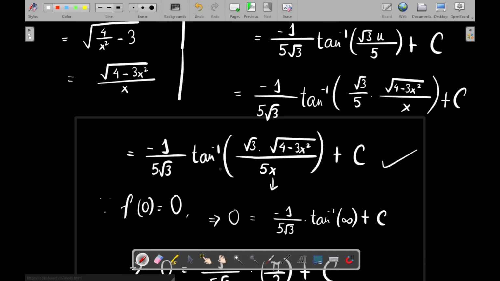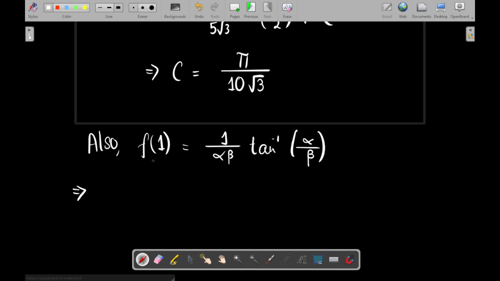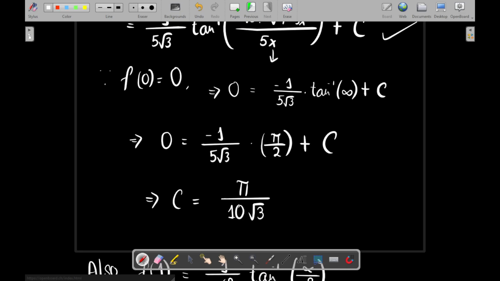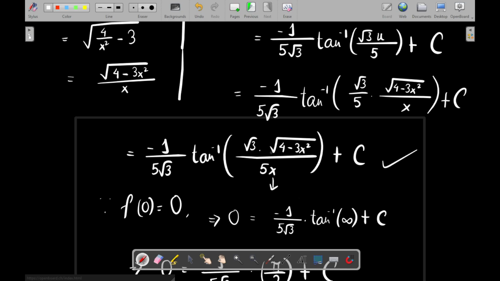So this was our initial expression. If we put value of x equal to 1, we get f of 1. So this constant will remain, minus 1 upon 5 root 3 tan inverse of, if we put 1 here, this will become square root of 4 minus 3. So this is square root 1. So we are left with root 3 in the numerator and just 5 in the denominator.